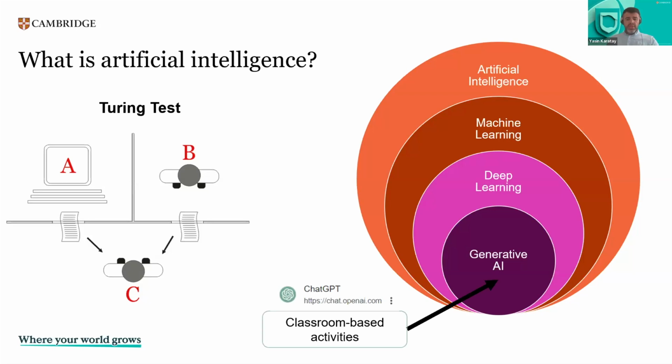So for us in education, this means that tools like ChatGPT can help us in creating interactive and more personalized learning experiences. We're going to dive into how you can use these technologies in your classrooms later on.